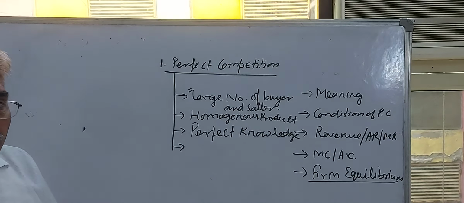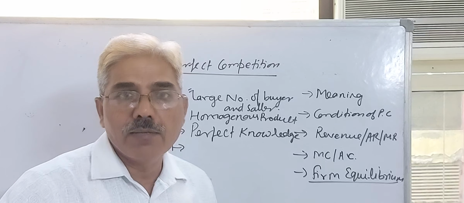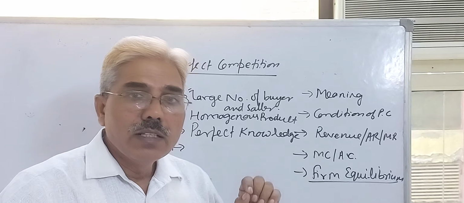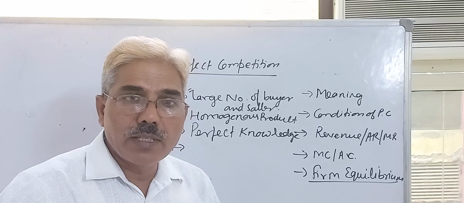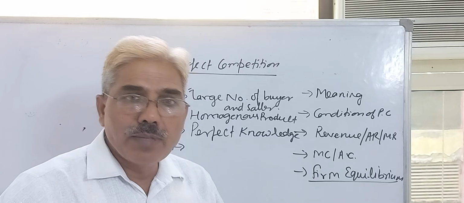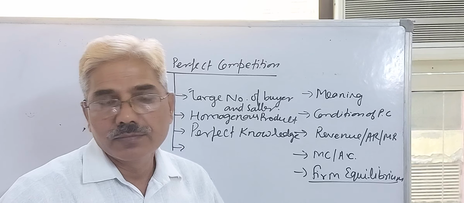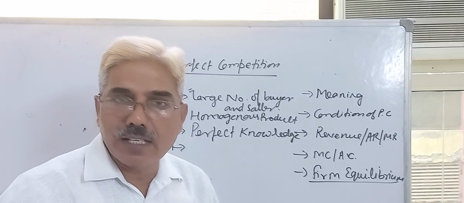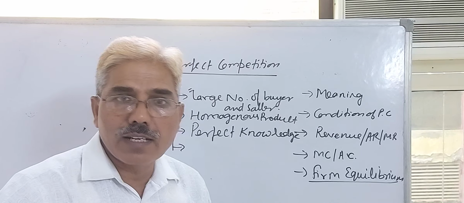Number 4, in economics we define the time period, and the time period is generally defined in microeconomics by Marshall: very short term, short term, long term, very long term, on the basis of change in factors of production. Generally we define the factors of production: land, labor, capital, organization, and entrepreneur. Five factors of production are there.